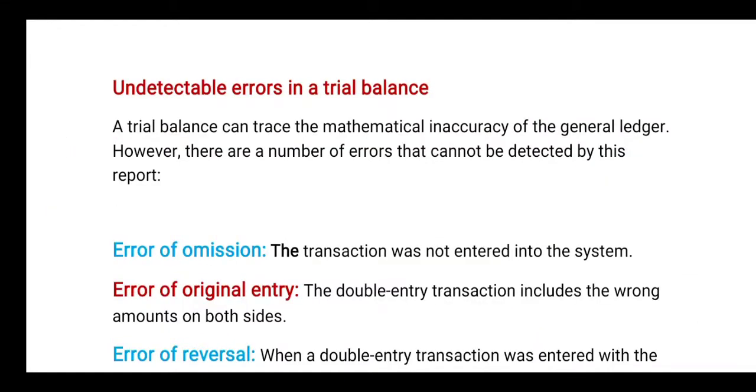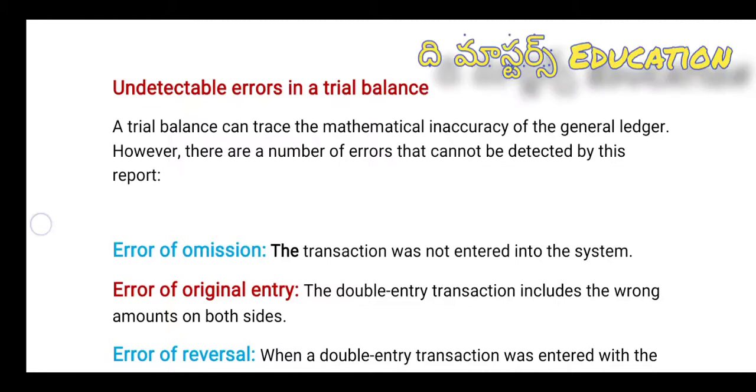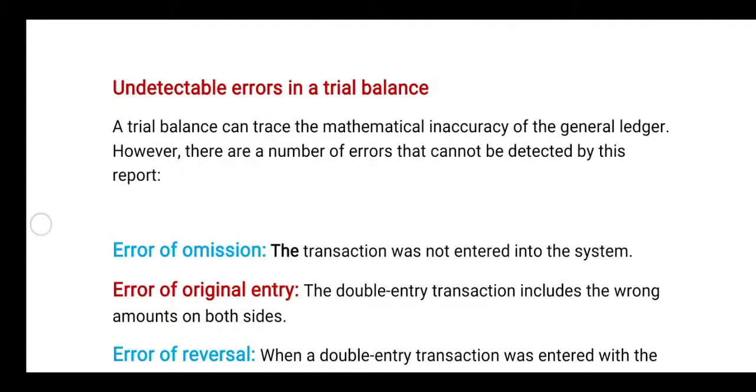Now, undetectable errors in a trial balance. These are also the limitations of trial balance. We have already described the main objectives of trial balance. The main objectives are to prepare the financial statements of the company and to give accurate information based on ledgers.